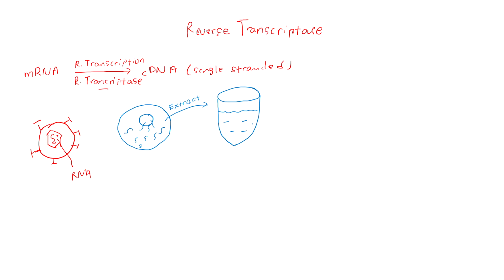Since you already extracted all the mRNA inside here, add into this test tube the reverse transcriptase enzyme. The function of reverse transcriptase is to convert this mRNA strand into cDNA. So they start to scan each of these mRNA strands and they produce a complementary DNA.